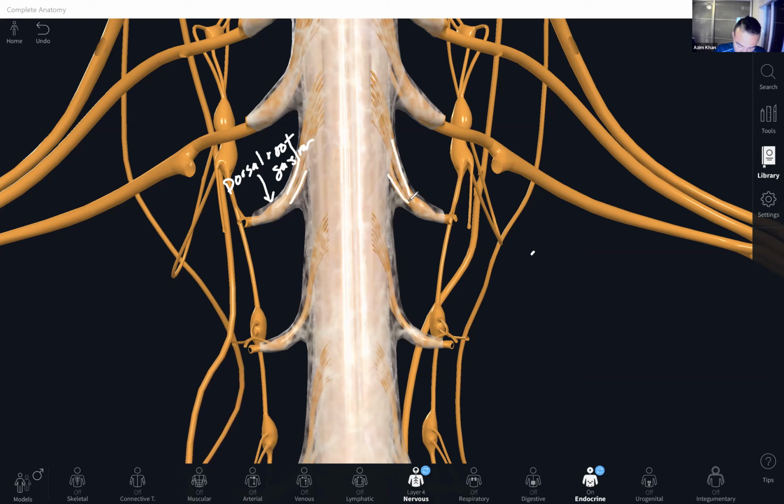Dorsal root, ventral root, dorsal root ganglion. And that, of course, repeats in every part along the spinal cord. But then if you look lateral of that, do you see these bulges, and then the connection, and then another bulge, and then a connection? And it goes all the way up and down. These are sympathetic chain ganglia.